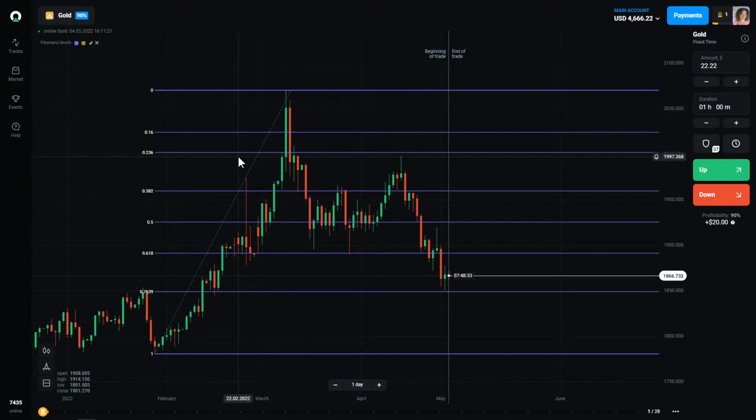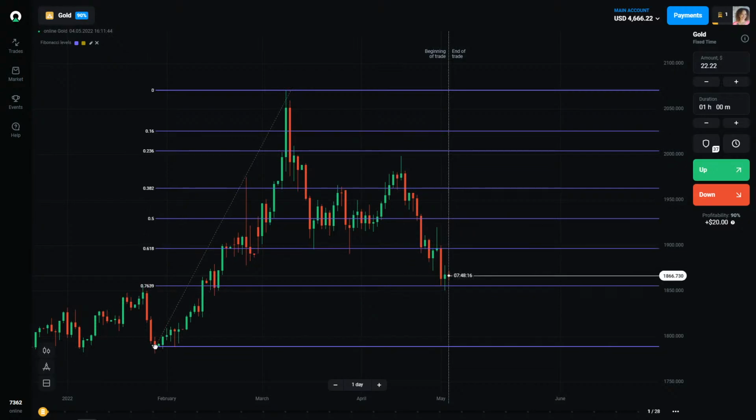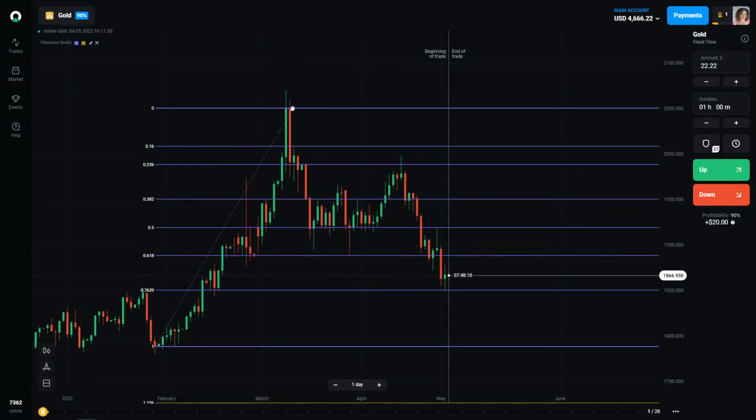Now here, I do want to take note that you should apply the indicators from the shadows, from the peaks. Some traders actually apply them at the bodies. But if you apply the Fibo levels from the body here, you also have to apply them to the body here as well.